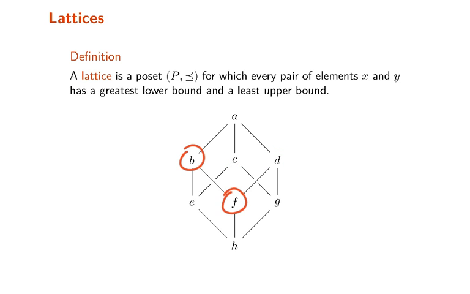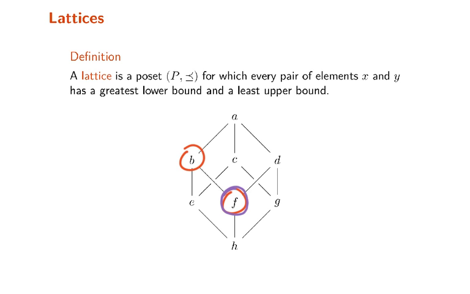For instance, these two. Let's take these two and let's find out what is the greatest lower bound and the least upper bound. So, for instance, let's see the lower bounds. So let's see, is E a lower bound? Well, it's smaller than B, but it's not smaller than F, so it's not. What about F? Is it a lower bound?